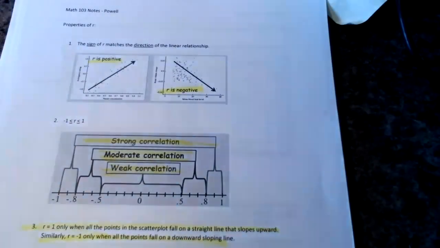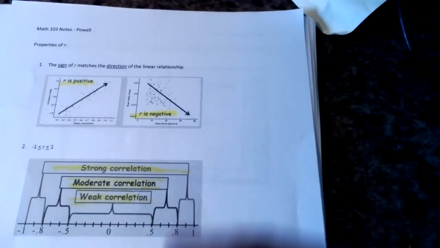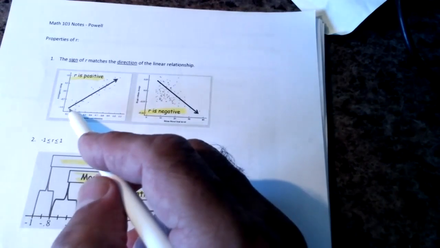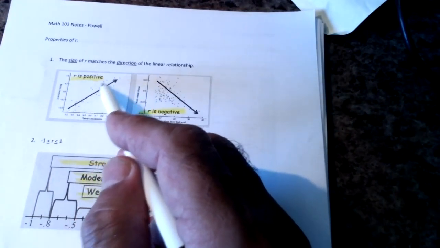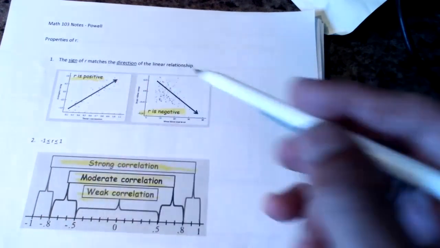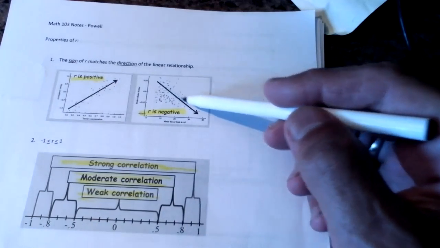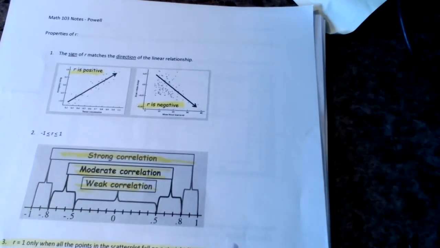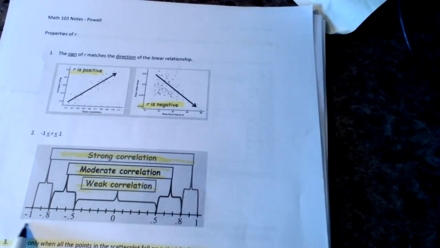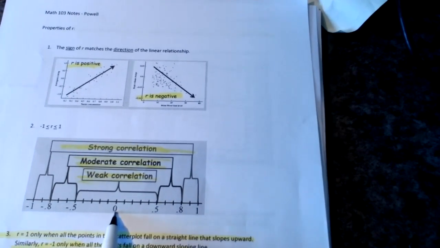So here, if you have a correlation and the direction is this way, going up or climbing, R is positive. If the line is declining, R is negative. Now, you either have 100% correlation, whether it's positive or negative, or no correlation, which is 0.